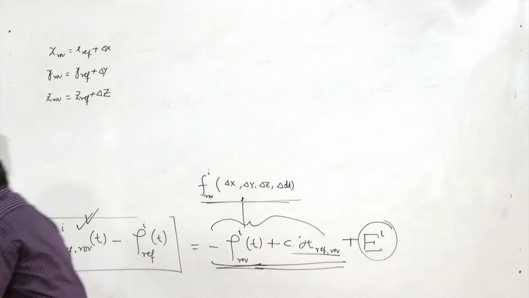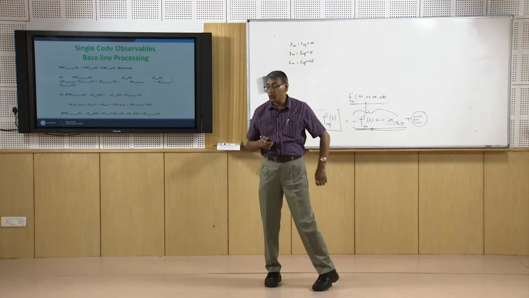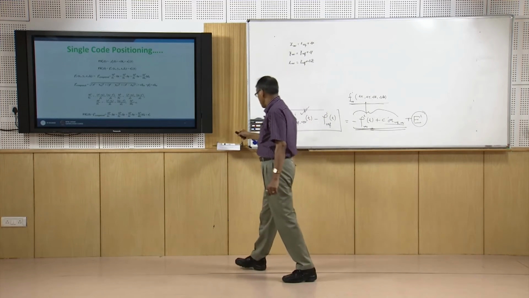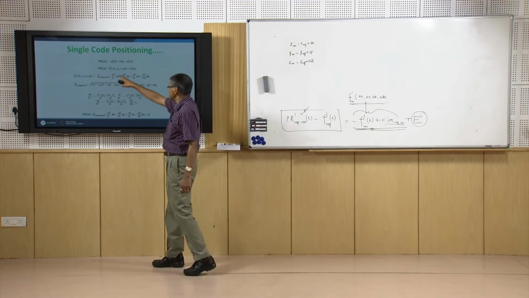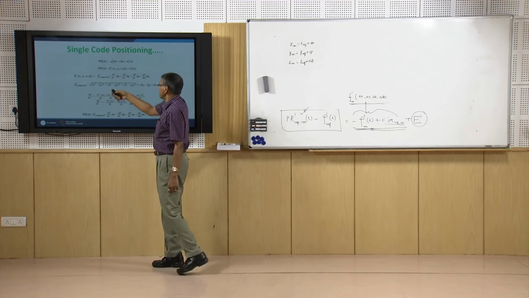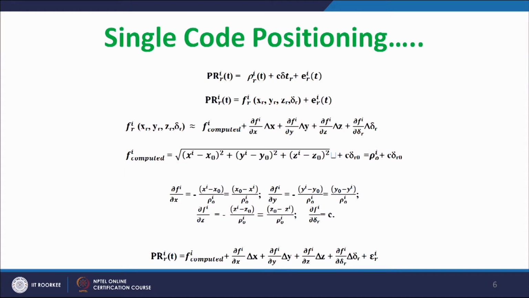Now, if we remember, in the last class we saw single code GPS data processing, where we also arrived at the same expression: pseudo range, which is known, and a function based on the receiver position and the receiver clock error, and an error.